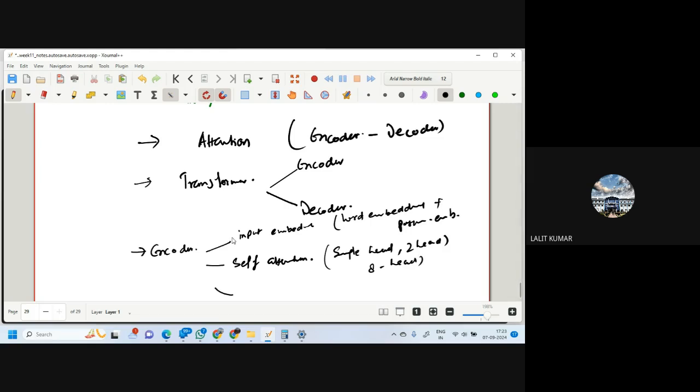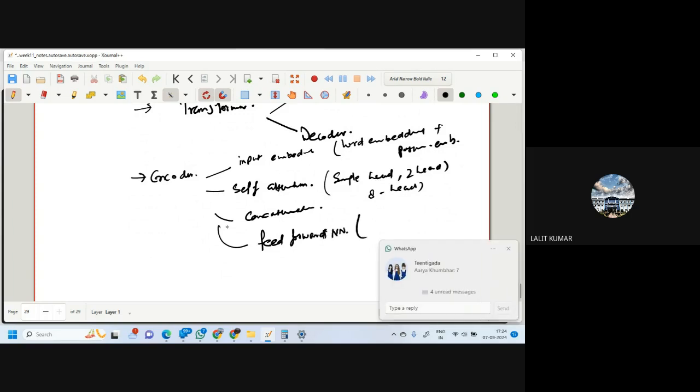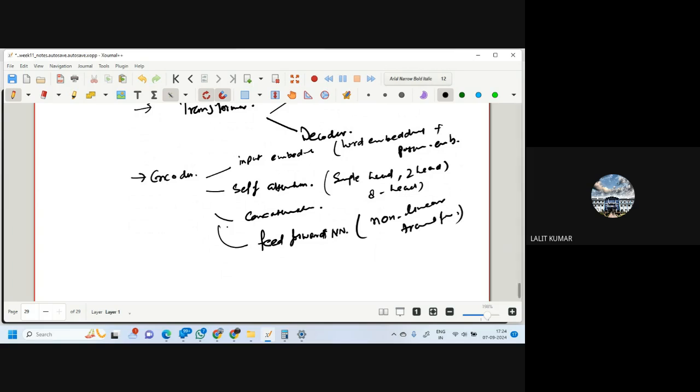In case of multi-head, we do concatenation. After concatenation, we feed it to a feed forward neural network. We do that for non-linear transformation.